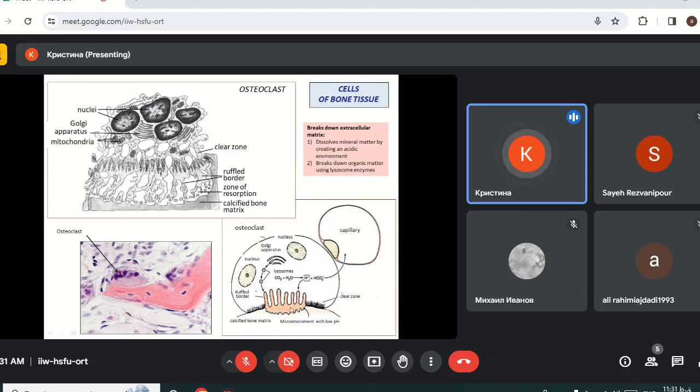These proton ions go between the cell and the surface of the bone in this resorption zone, and so the microenvironment here gradually gets a lower and lower pH level. And at a lower pH level, in an acidic environment, the calcium crystals begin to dissolve.